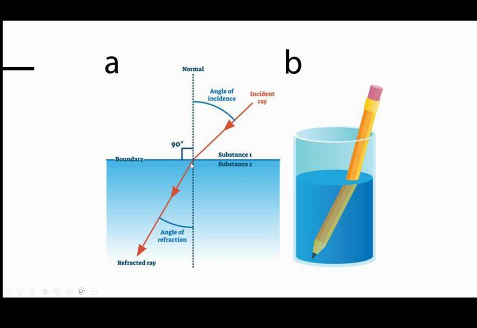But it bends because it slows down or speeds up through a medium. So how does refraction occur? As light moves from one medium to another, the speed difference causes refraction, all right?